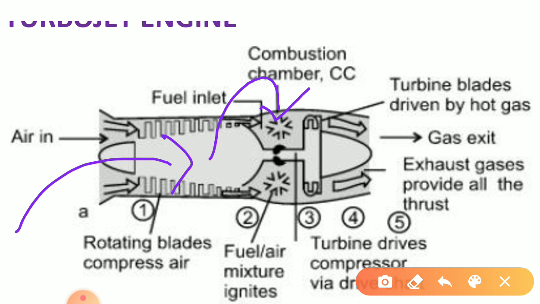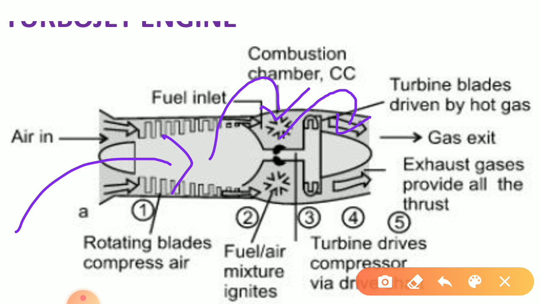Combustion takes place, and because of that combustion, hot combustible gases are produced, which are then fed over the turbine blade.